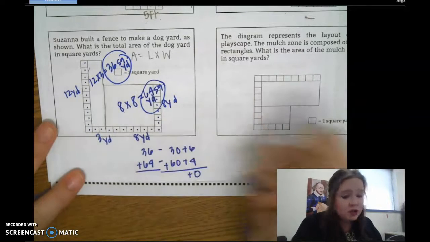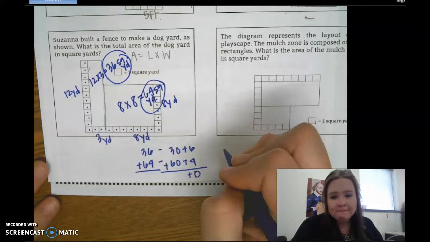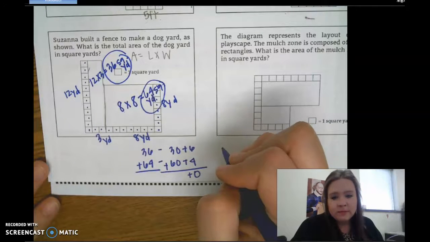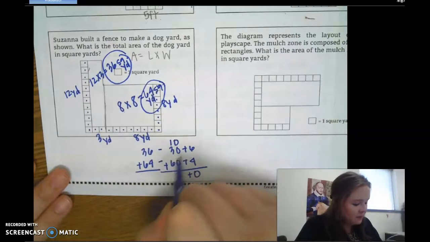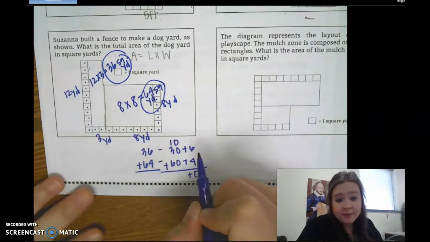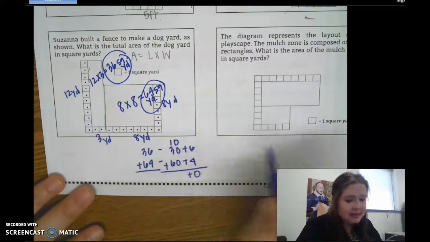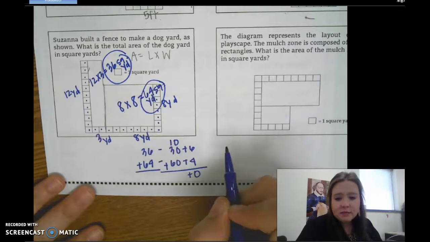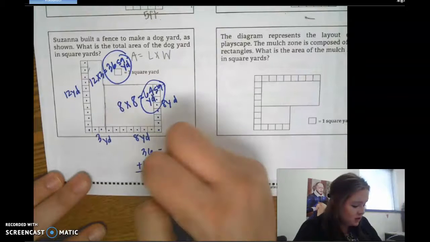What am I going to do with that 10? I'm going to regroup it to my tens place. 30 plus 10 is 40. 40 plus 60 is 100.